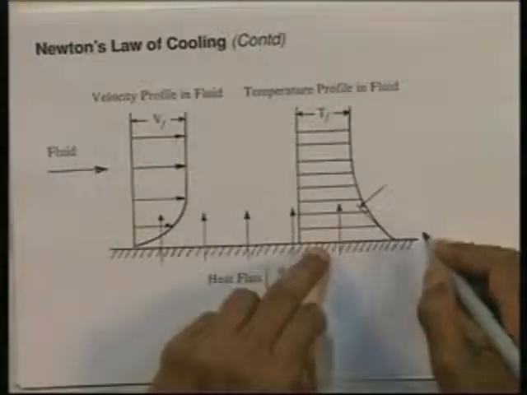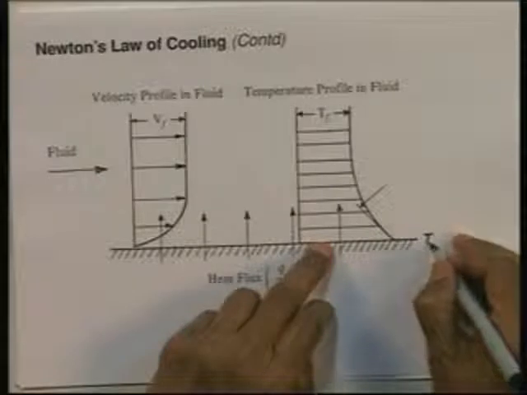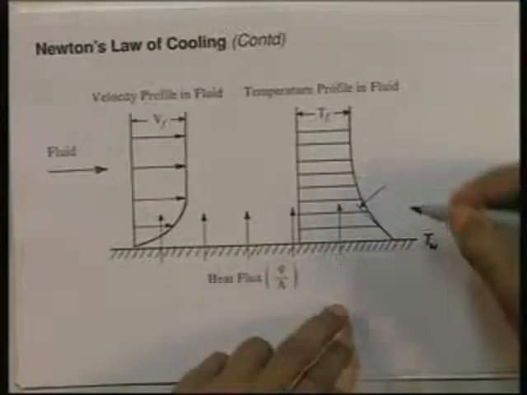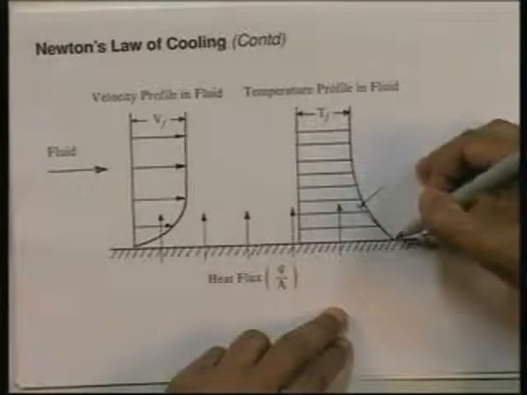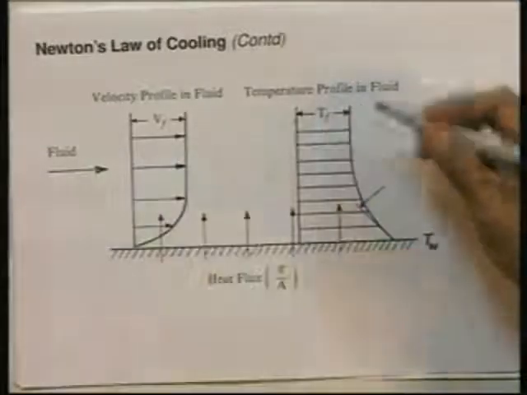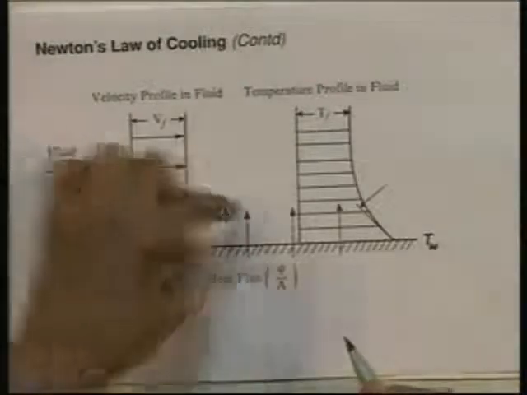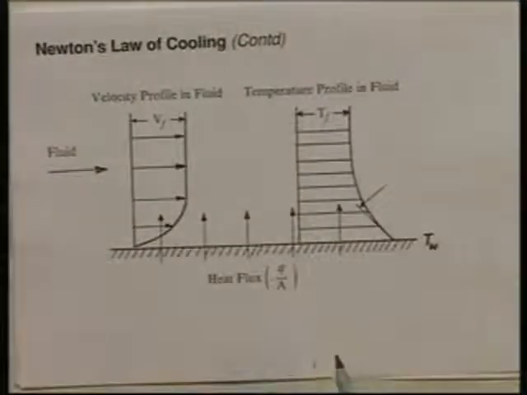At the wall, the temperature would be the wall temperature Tw, and far away from the wall, the temperature of the fluid will gradually merge asymptotically into the fluid temperature Tf. So, the two profiles of fluid, velocity profile and temperature profile, would look something like this.